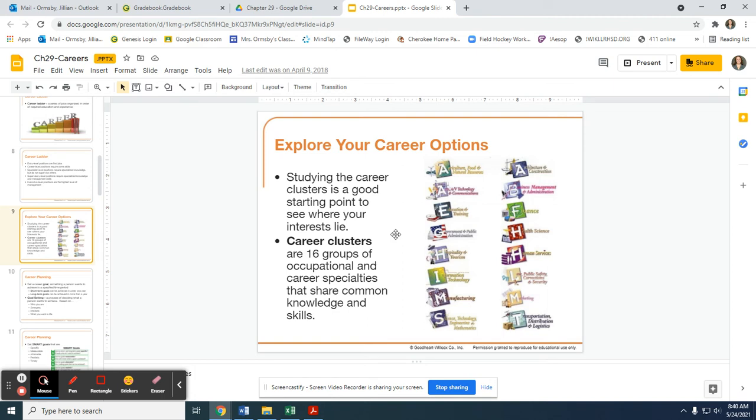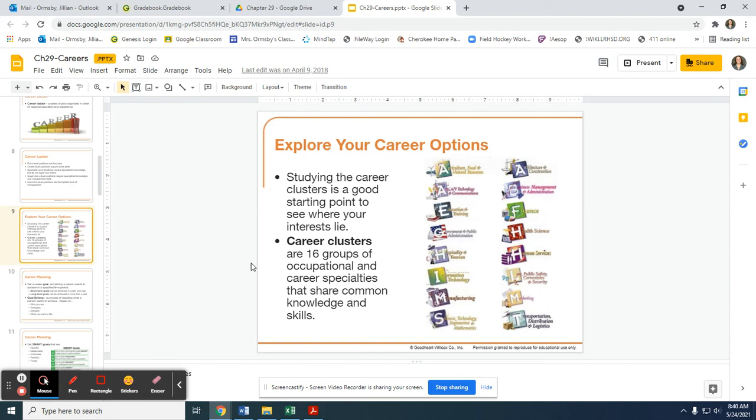Now, when you are choosing a career, you're probably not going to choose the exact career that you end up in. When you go into college, you're going to choose a general career path that you're going to study. So, studying the career clusters is a good starting point to see where your interest lies.